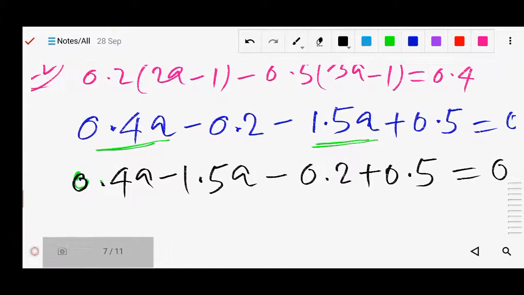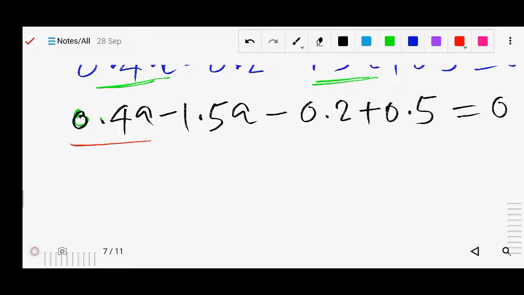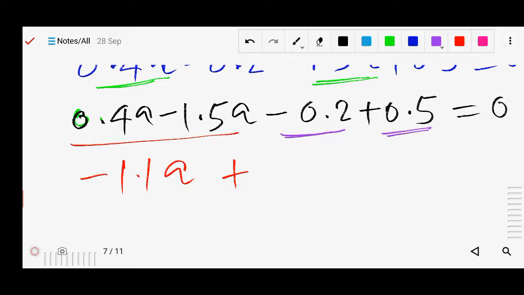Now next you can see these two we can subtract, 0.4a minus 1.5a, so you will get minus 1.1a. Here these two you can also do, minus 0.2 plus 0.5, so you will get 0.3, and on that side 0.4 is there.